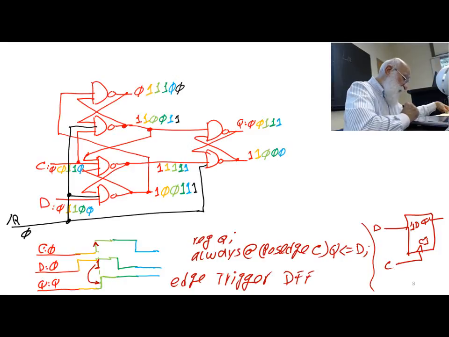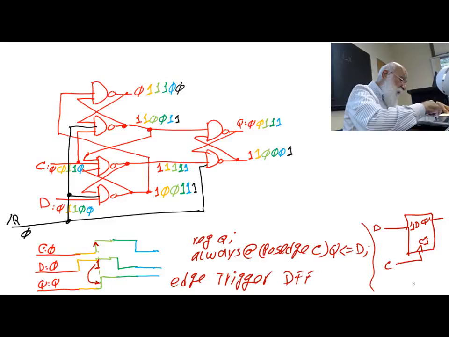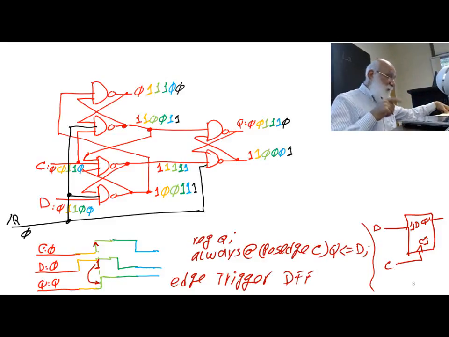So this becomes 0, and now this is 0, therefore this becomes a 1, which we want it to become, and then a 1 there, we get a 0. I'm claiming that these values, at least the output values, are stable.